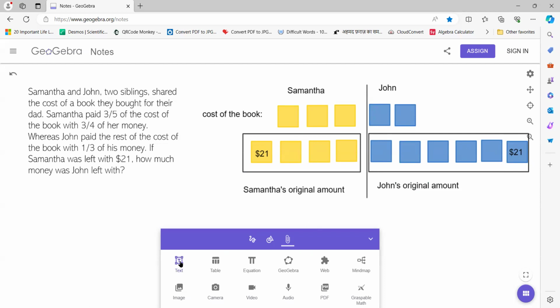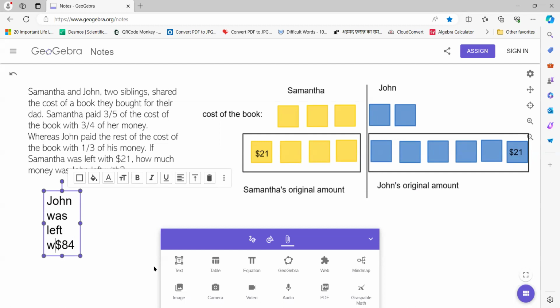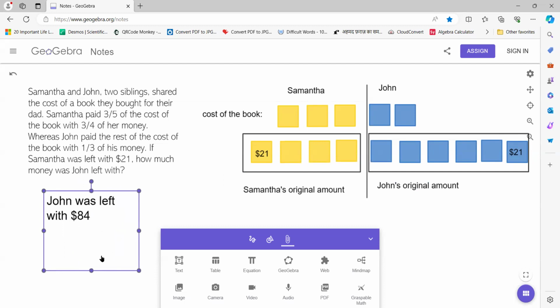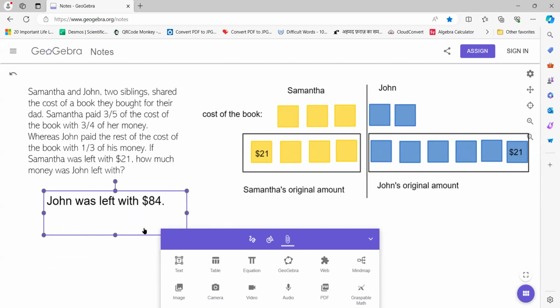So John was left with $84. I'm going to write 84 right here. And that's my answer. Finished.